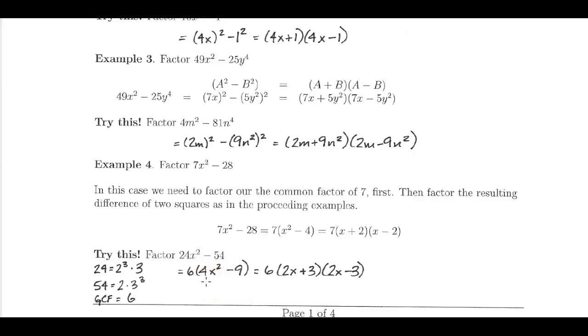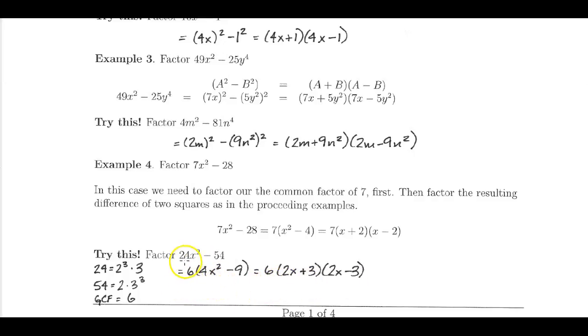I see that 4x squared minus 9 is a difference between two squares. So I can factor that as 2x plus 3 times 2x minus 3. So that allows us to write out the factors of 24x squared minus 54. If your work matches my work, that's excellent.